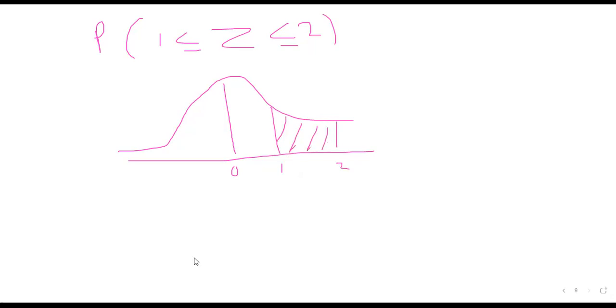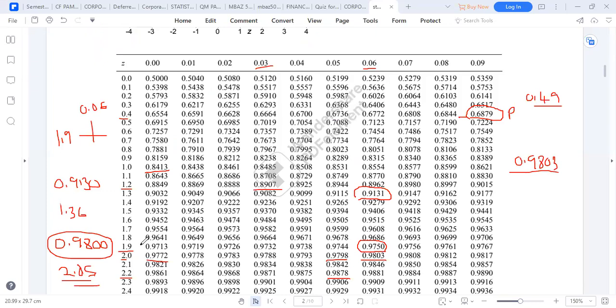So there's nothing to do with 0 here, just get the big reading. What is the reading for 2? What is the reading for 1? When you check in our table, by now we would have memorized them, the reading for 2 is 0.9772. The reading for 1 is 0.8413. You can check them just to confirm.